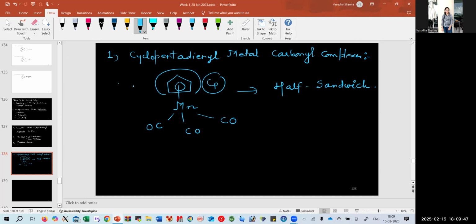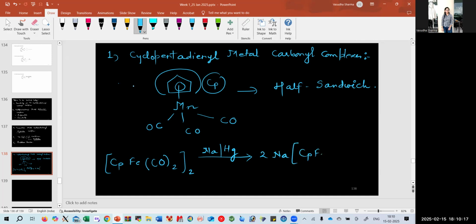And we saw certain reactivity of those complexes at the end of our last session. So for example, when we are taking CP, Fe, and carbonyl groups as a dimer, when it is being treated with sodium amalgam, which will do the reduction, a minus charge would occur on your iron center, CO twice.